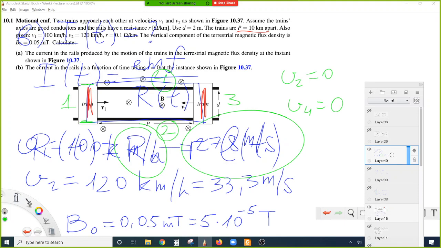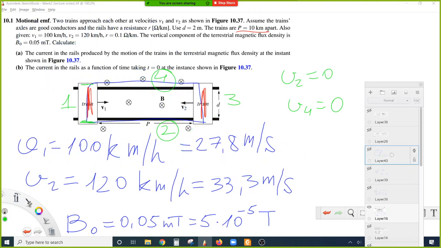So if we go to our problem, it is saying taking t equals 0 at the instant shown in the figure.